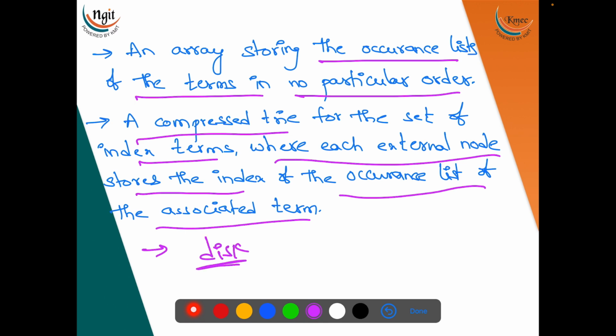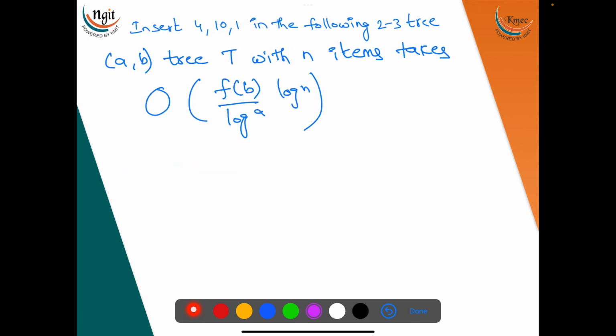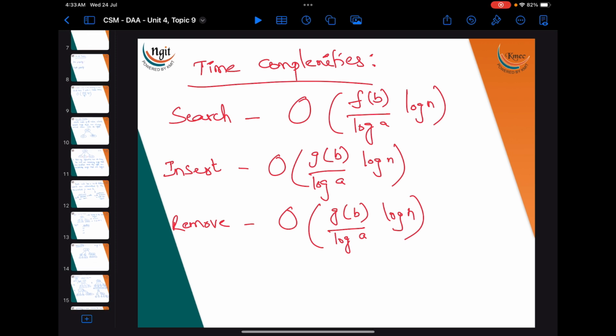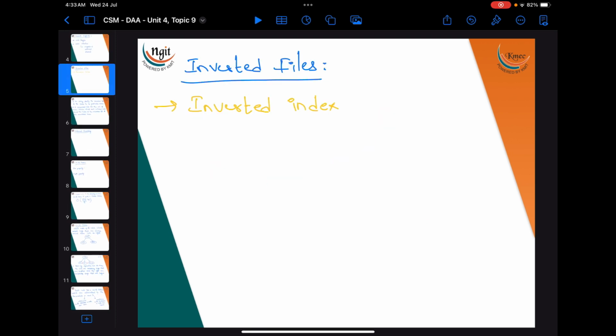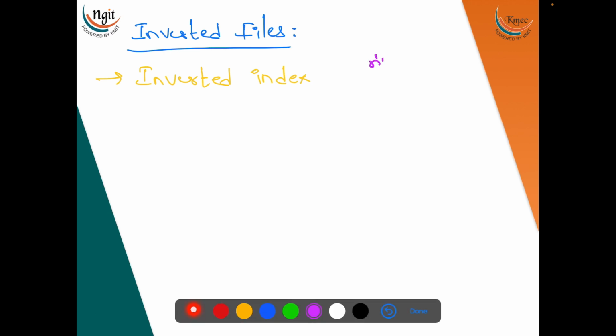A query for a single keyword is similar to a word matching query. The keyword is searched in the trie and the associated occurrence list is returned. Now, that is the case of a single keyword. Let's say that I have a single keyword.